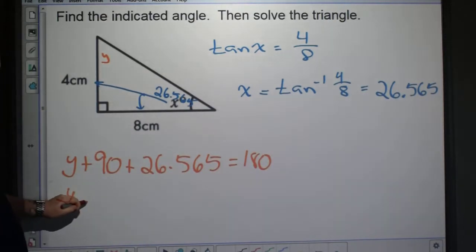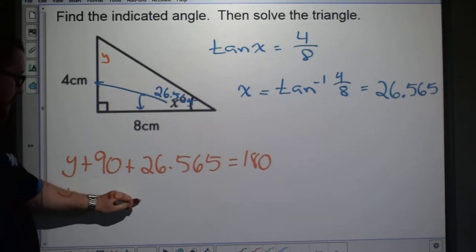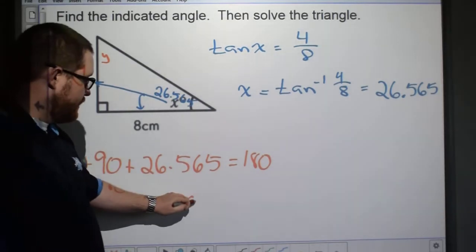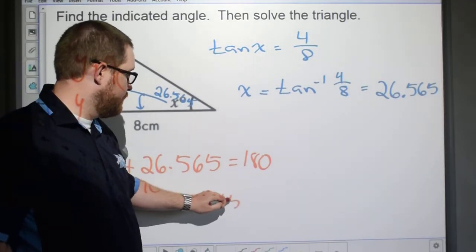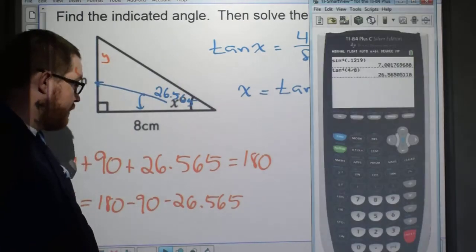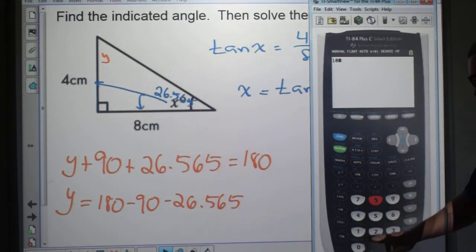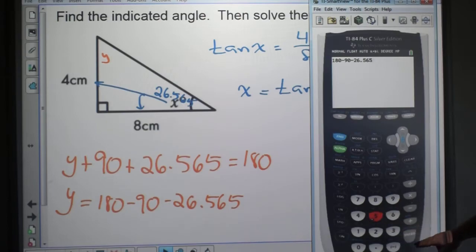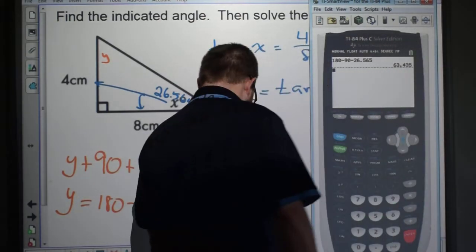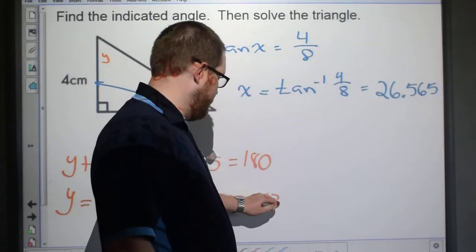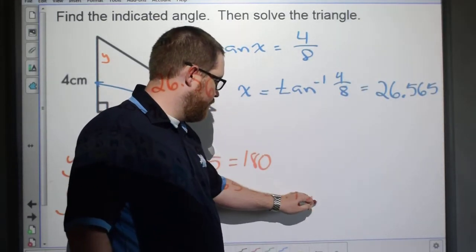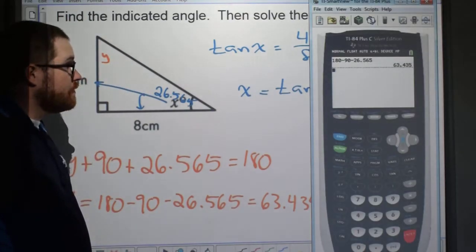So y has to equal 180 minus 90 minus 26.565. Grab a calculator. So it's 180 minus 90 minus 26.565. That angle is 63.435.